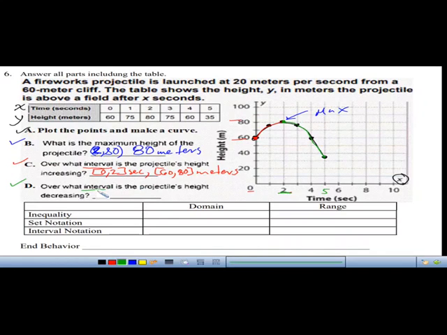So my interval is bracket 2, comma 5 seconds. And in height, it started at 80, and it stopped right here, which is 35. So bracket 80, comma 35, and that is meters. And that's where it decreased.